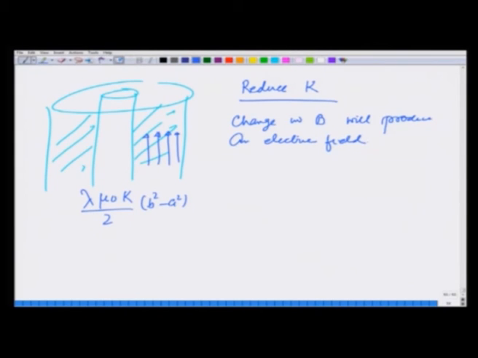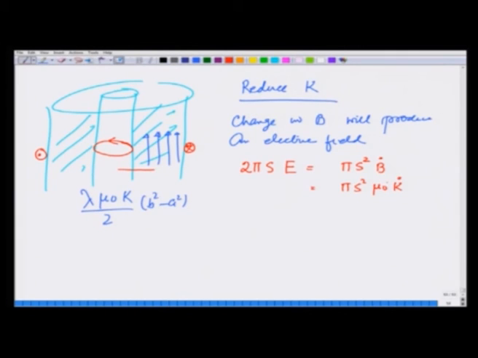Okay. And how would the electric field be? Electric field will be such that it generates field in the same direction, and therefore, the direction of the electric field is going to be like this, going in here and coming out on this side. By applying Stokes' theorem, I can calculate electric field at distance s from the center. 2 pi s E is going to be pi s square times B dot, which is going to be pi s square mu 0 k dot.